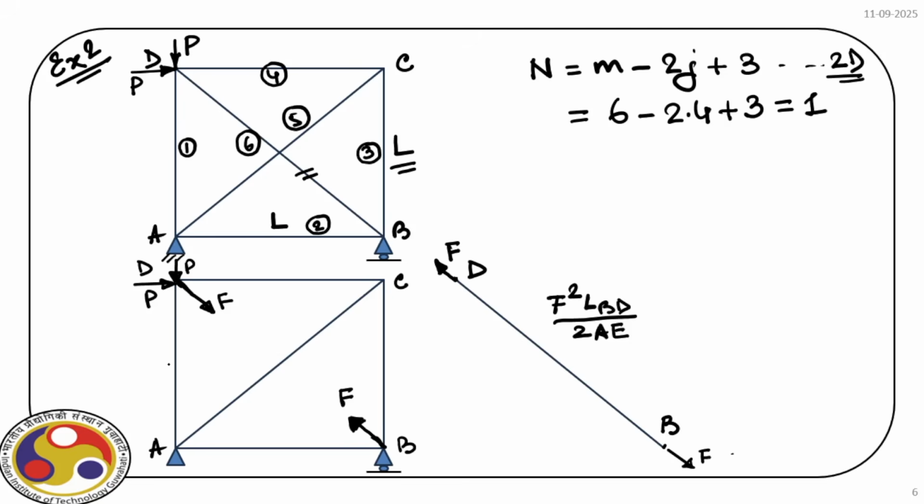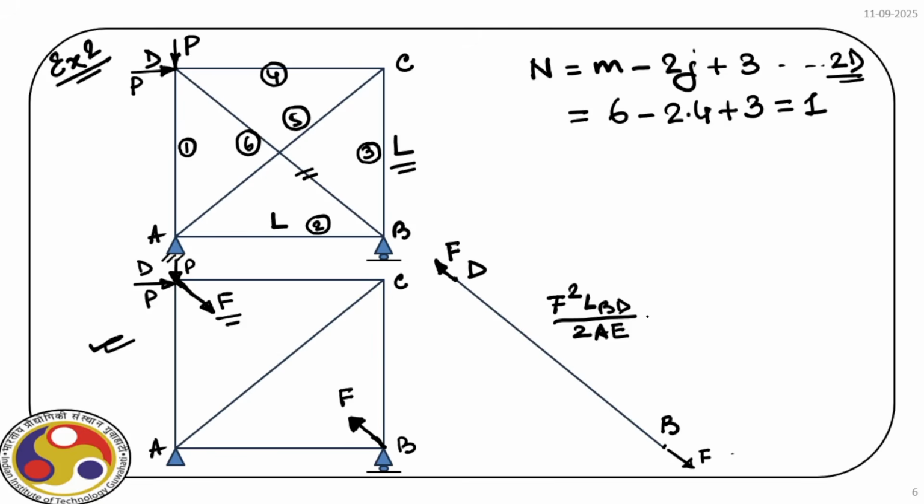Now for this structure, we can find out the strain energy stored within the structure, and if we differentiate that with respect to F, we get the deformation along the line of action of the force, which is F here, right?